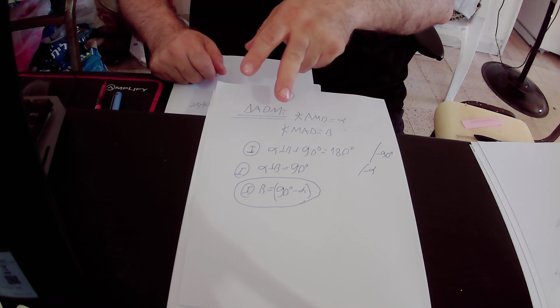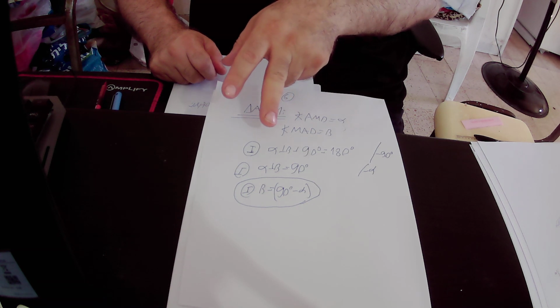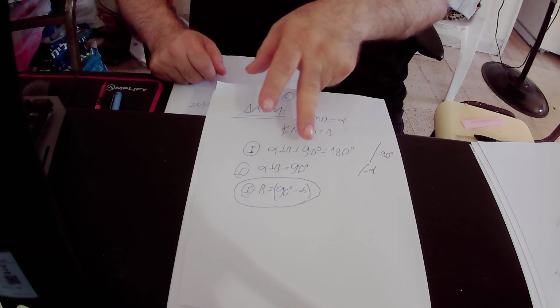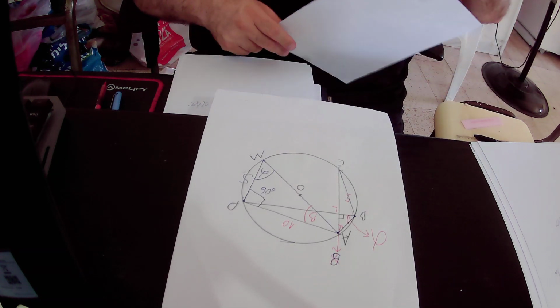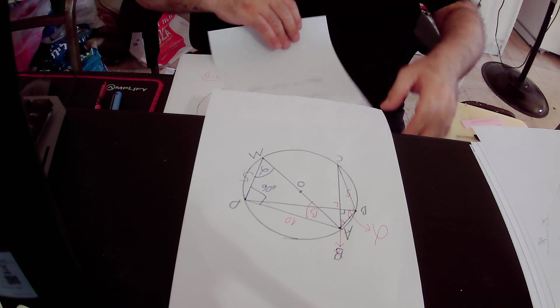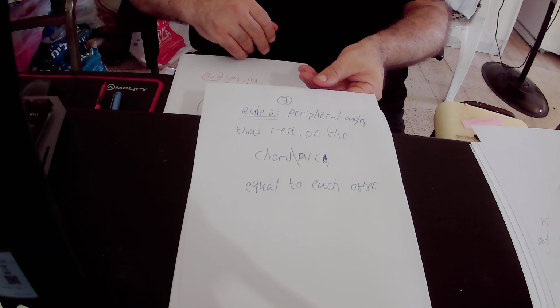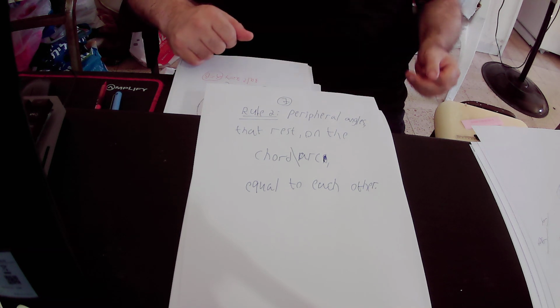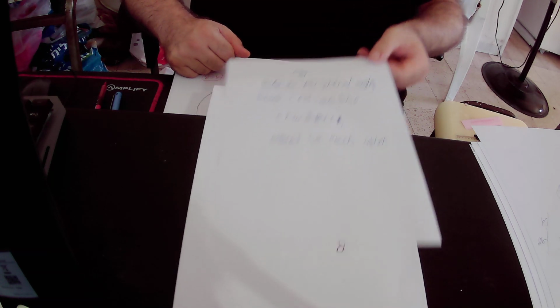Then we subtracted alpha from equation number 1, and we got that beta equals 90 degrees minus alpha. Okay, and we also have rule number 2 that states that peripheral angles that rest on the same chord / arc equal each other.